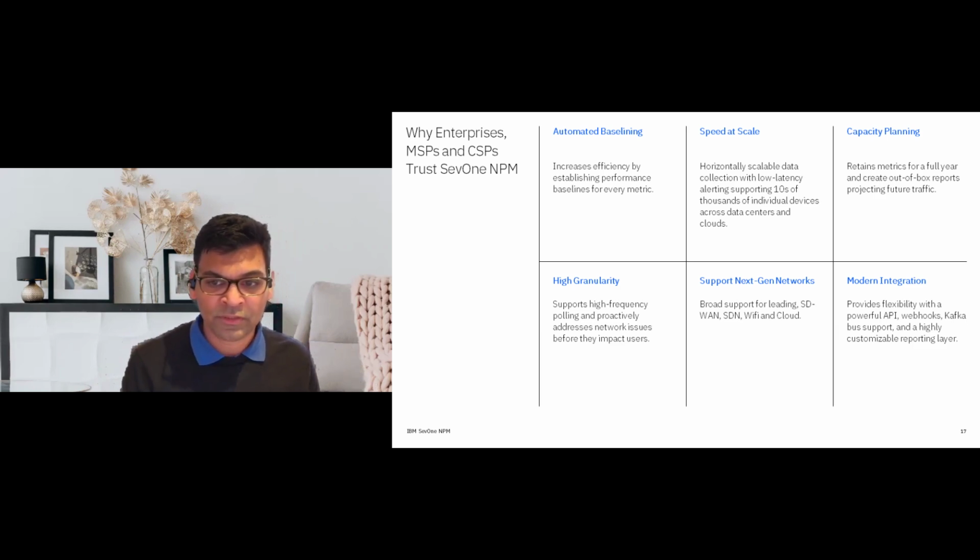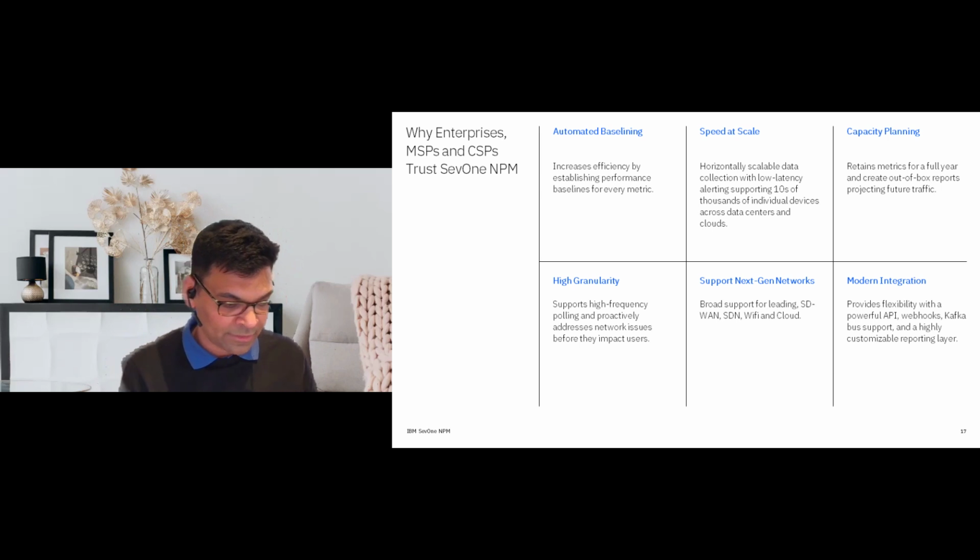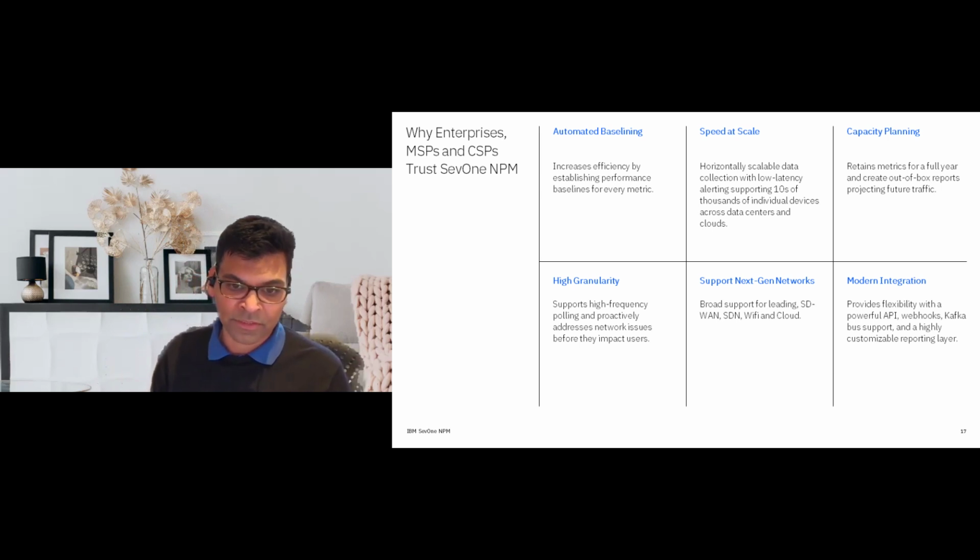We've looked at how we support next-gen networks. So broad support of the leading SD-WAN vendors, or software-defined data center networks, or Wi-Fi, or cloud. You've probably heard Deva on his webinars with Azure and AWS.